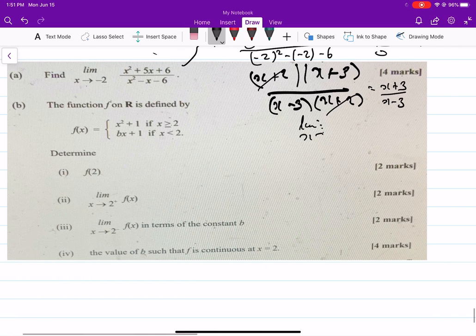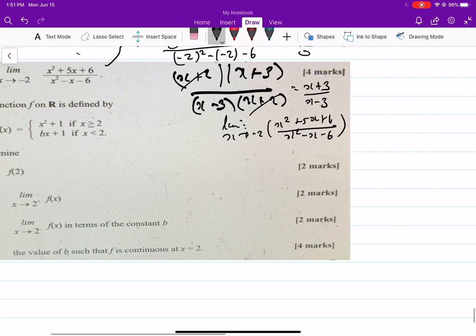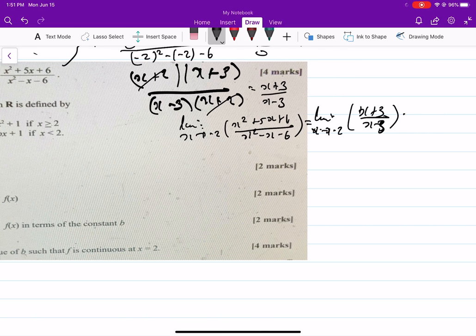as x is approaching minus 2 of x squared plus 5x plus 6 upon x squared minus x minus 6 is now the same as the limit as x is approaching minus 2 of x plus 3 upon x minus 3. And that would give you minus 2 plus 3 upon minus 2 minus 3.